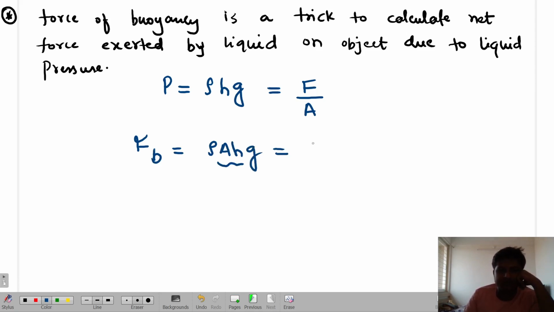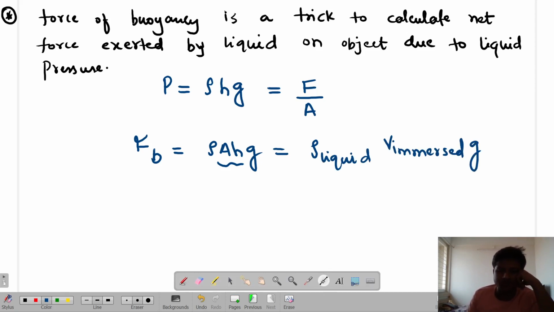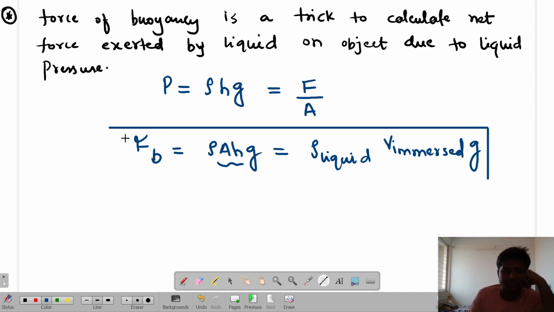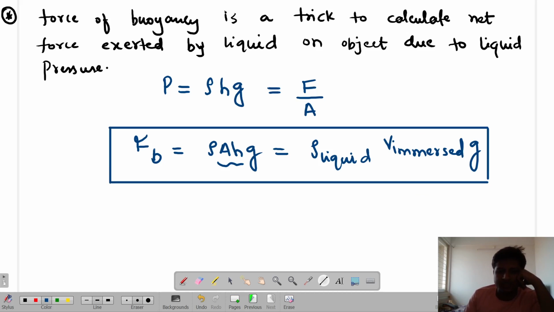But what is area into height? That is nothing but the volume which is immersed. So the force is rho of liquid, volume immersed, and gravity g. That is why I said that the force of buoyancy is a force equation based upon pressure, not on the balancing of energy. Are you able to get me on that? Is that clear?